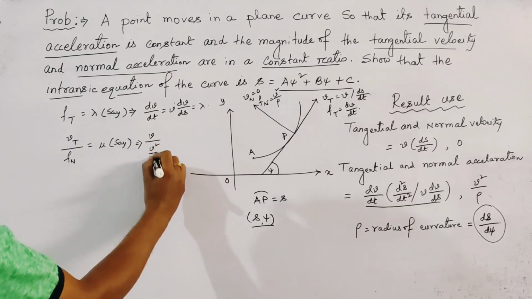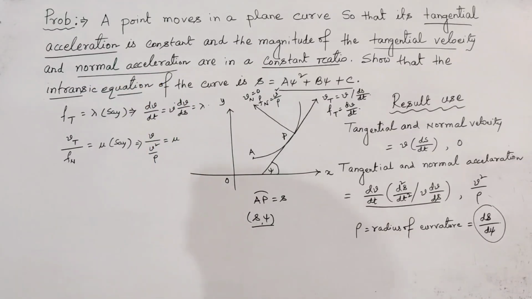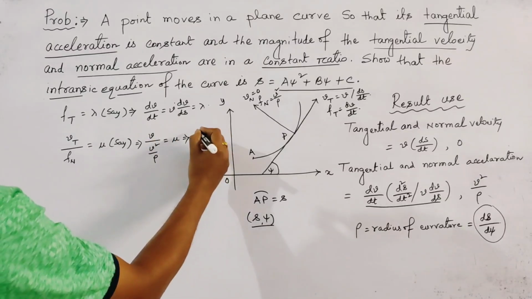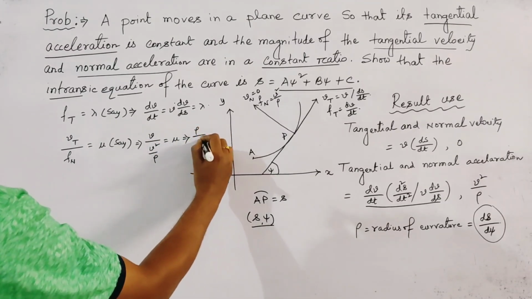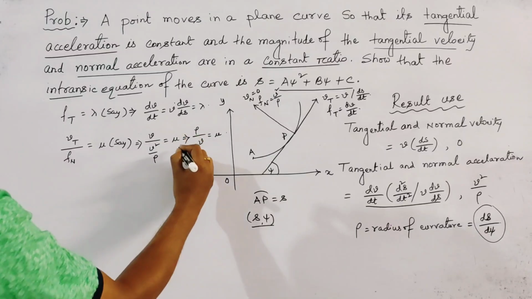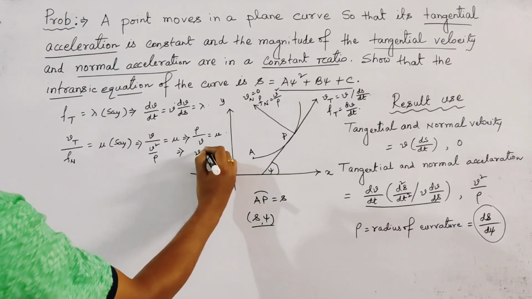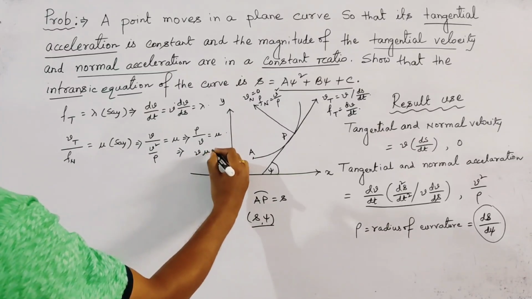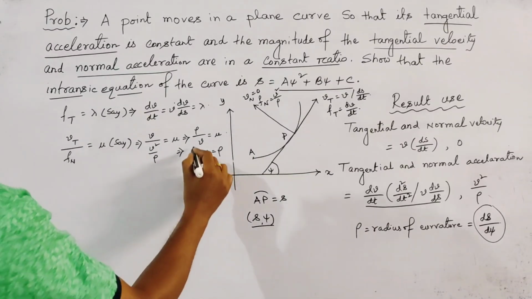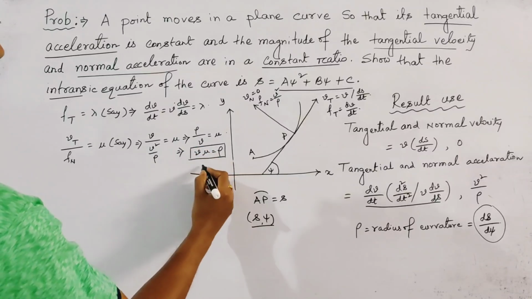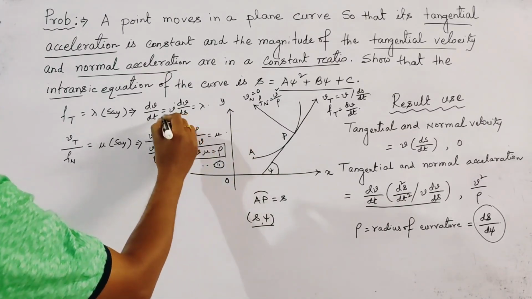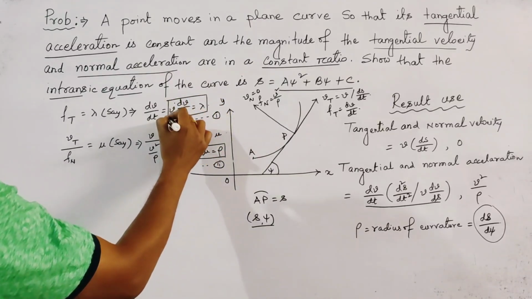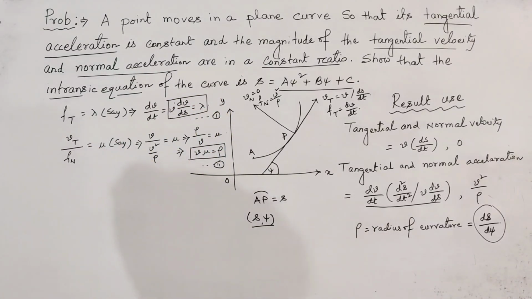So V divided by V square by rho is mu, and we get rho by V equals mu, or V mu equals rho. We name this relation number 2 and the earlier relation number 1.